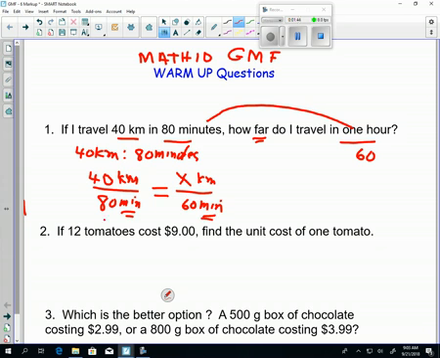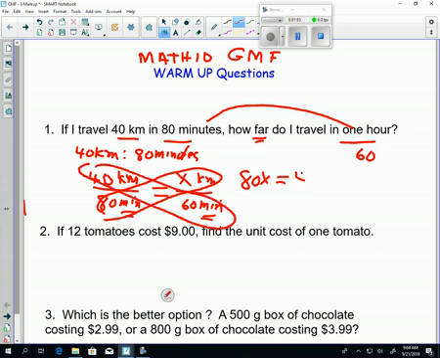So that we can now solve this. Cross multiply it: take our x and multiply it by 80. 80 times x is 80x. And then we multiply the other side, 40 times 60. So 80x is equal to 2400. We divide both sides by 80 to get rid of that 80. Whatever we do to one side, we do to the other. 80 divided by 80 cancels out.